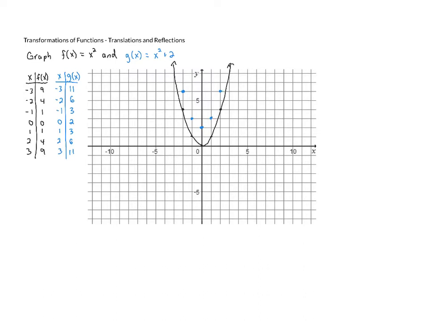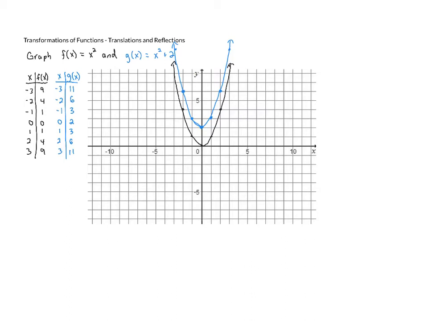If we do want to plot 3, 11, we do have to go up quite a bit because that's kind of outside the realm of what we have here. The same with -3, 11. And if we connect these into a nice parabola, because it's still a quadratic function, so we know it's still going to be a parabola. Oof, that's not the prettiest parabola. It should be a little bit smoother down there, but it is what it is.